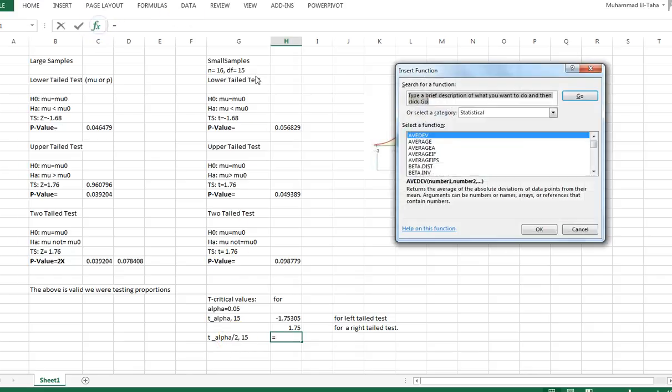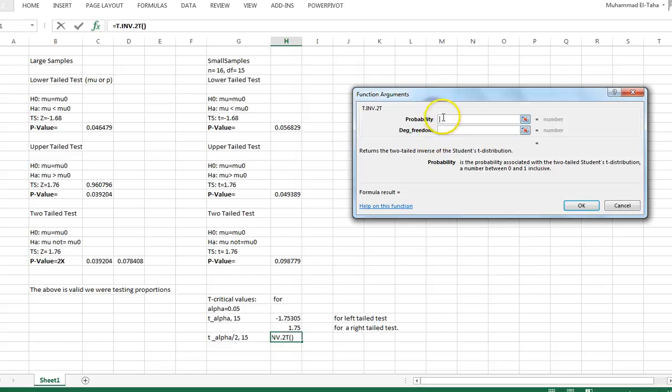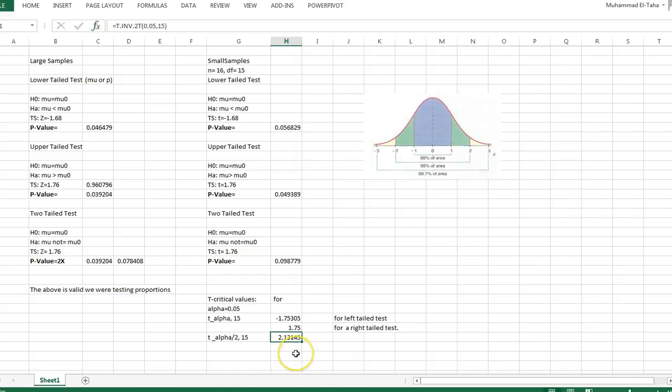If I go up there and click on fx, go to statistical and go down to the t, I have here the T.INV.2T, and now my probability is 0.05 and my degrees of freedom are 15. You can see here with the same 5%, I got a different value, which is 2.13, because basically what that function does is take the alpha I had here and split it in half. So that gives me one value for the upper tail and it's negative for the lower tail.